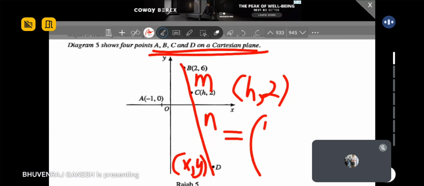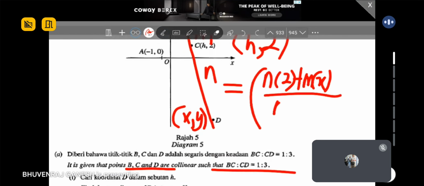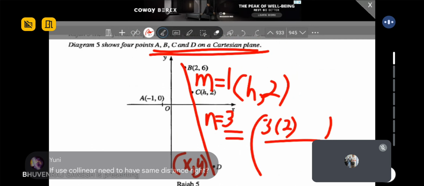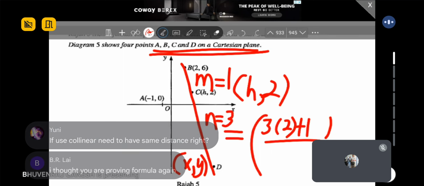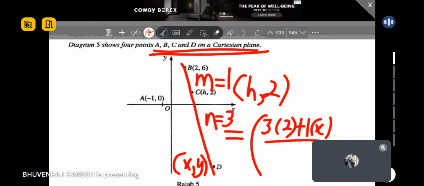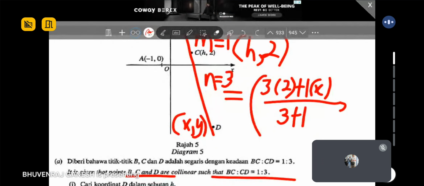So h, 2 is equal to (n times 2, n x1 plus m x2) over m plus n. Sorry guys, the ratio they already give you, I forgot to fill in. M is 1, N is 3. So you just substitute M and N with 1 and 3. So 3 times 2 plus 1 times x, and then divide by 3 plus 1. I'm not proving the formula, guys, this is your formula.